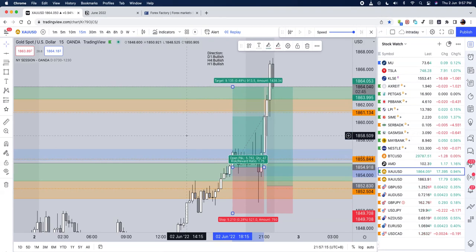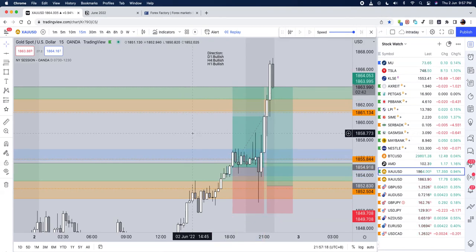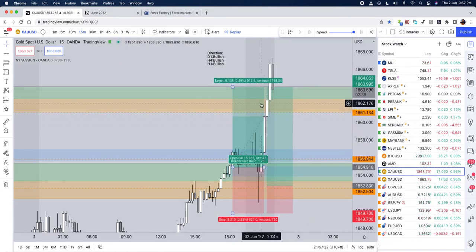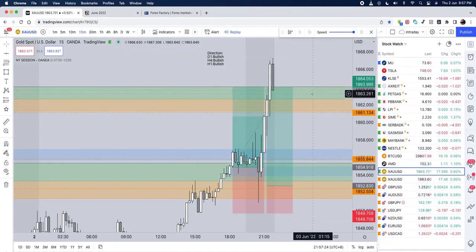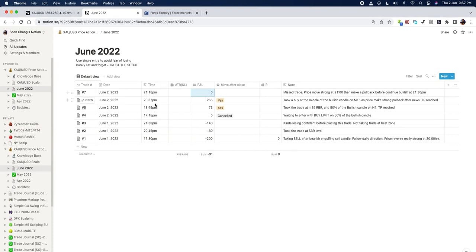So that is my frustration for tonight. Although it's a winning day, I really should not touch the trade ever again. Okay, so that's the lesson for today. So this is the trade that we took today. The first one is cancelled because it missed.